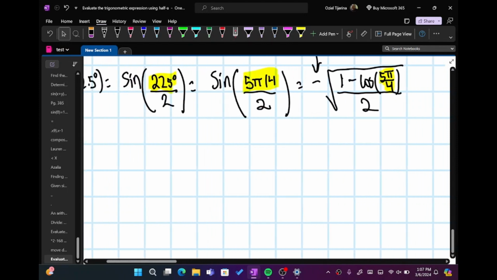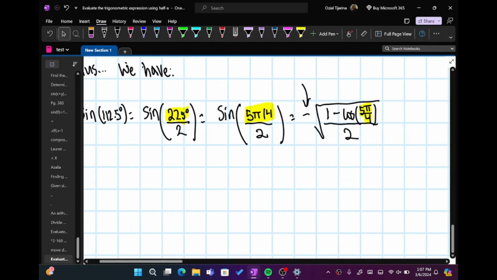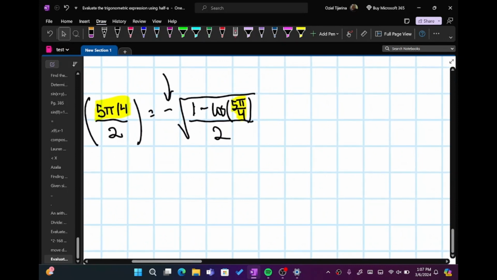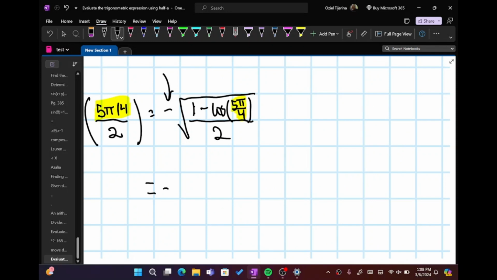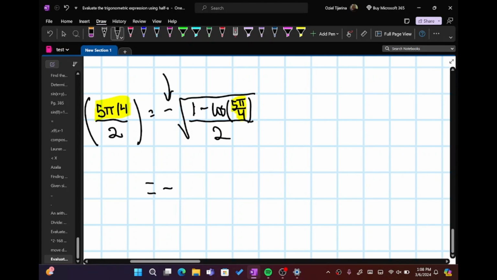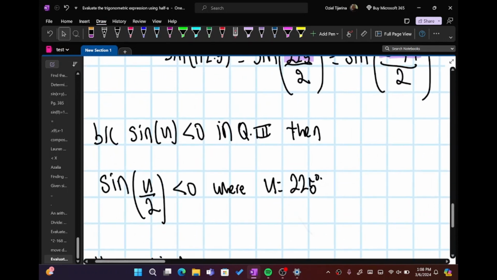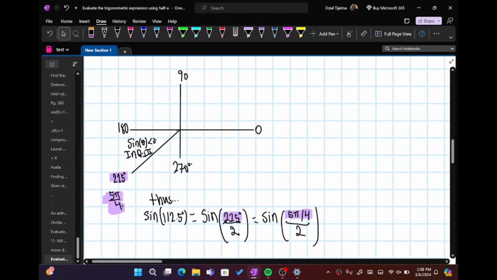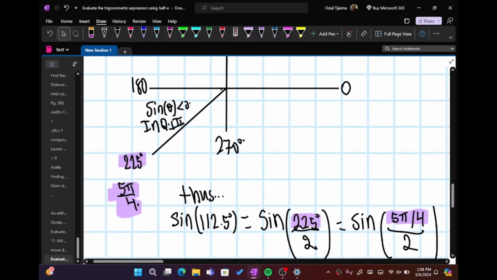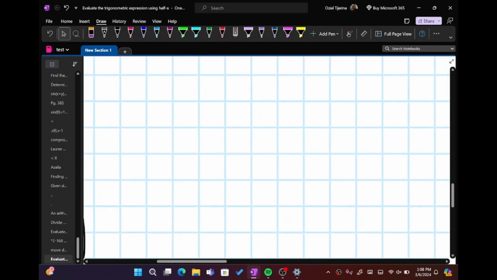Alright guys, so as you can see, this is what we end up getting. Now all we have to do is evaluate this expression. This is negative the square root of the quantity 1 minus, and remember that the cosine of 5 pi over 4 in quadrant 3 is negative the square root of 2 over 2.